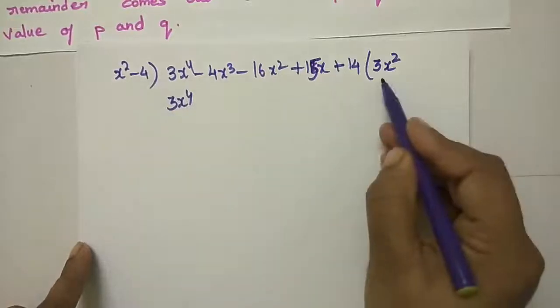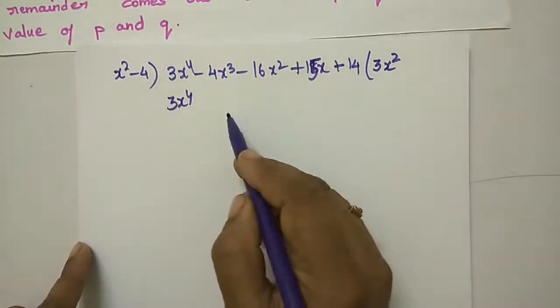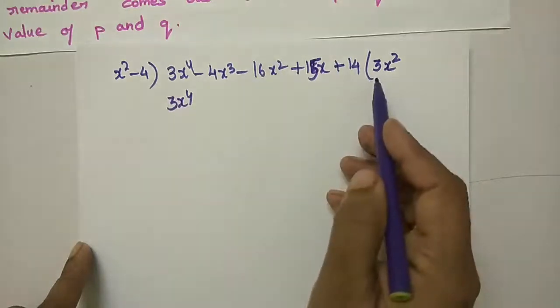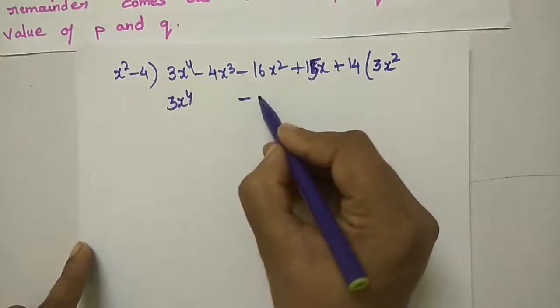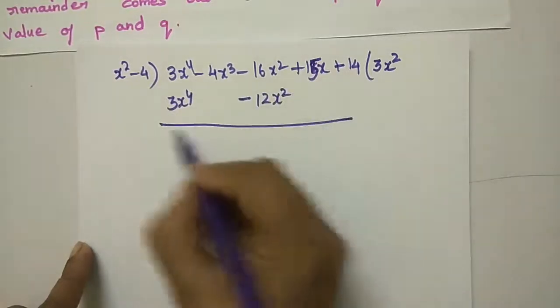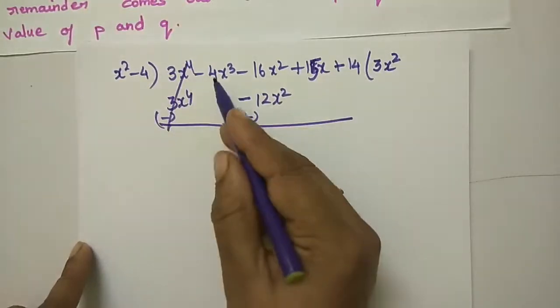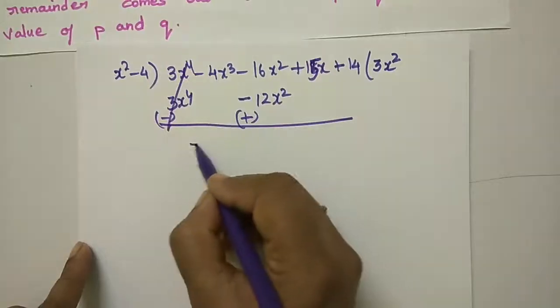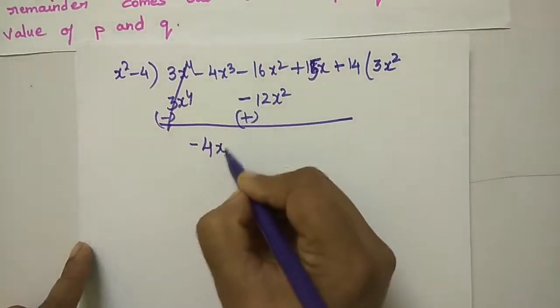X square into 3x square is nothing but 3x power 4, minus into plus you will get minus 4 into 3 is 12x square. So minus 12x square. Now change the sign. These two get cancelled and here it is nothing, means it is 0. So minus 4x cube plus 0 is nothing but minus 4x cube.